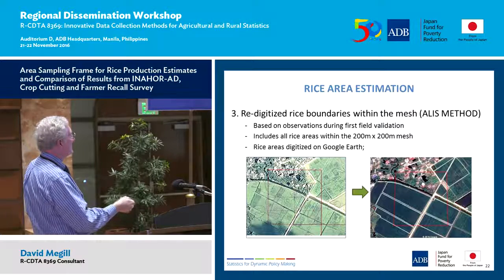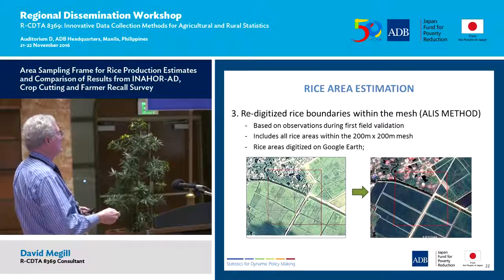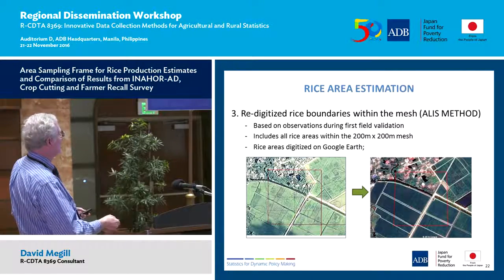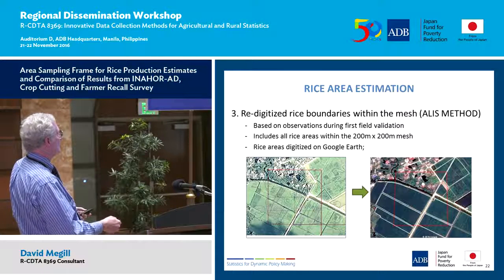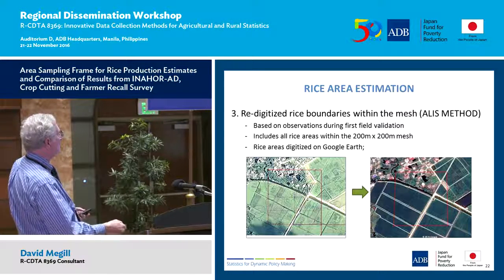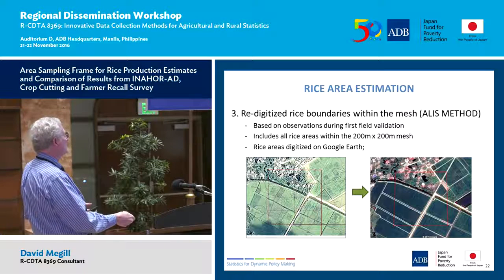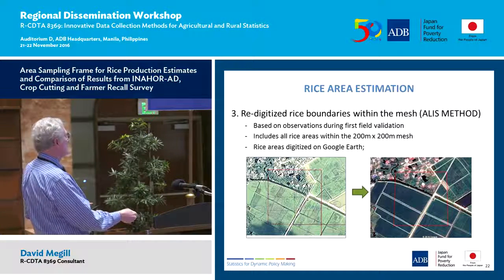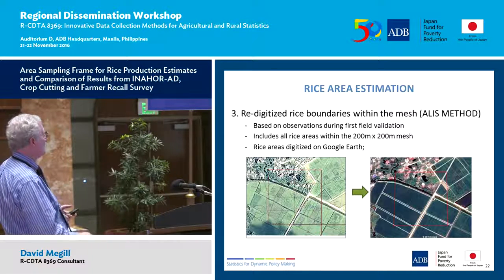But finally, we determined the area in rice within the entire mesh by using this Alice method. They used the information found during the field validation, and they looked at all areas with rice within the 200 by 2 in the mesh. All of the rice areas inside the mesh were measured using the Google Earth method.